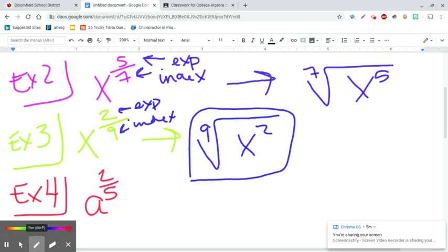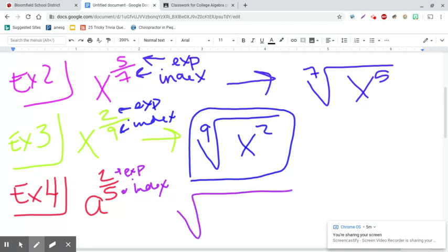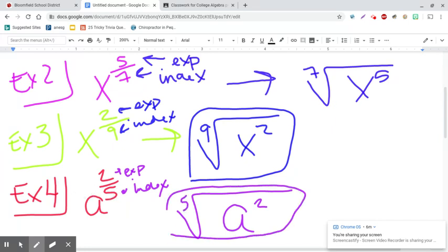So the 2 on top is our exponent, and the 5 on the bottom is our index. So we're going to do the radical of our base, which is a. What's the exponent? What's it raised to? Second power. What's my index? A 5. Done. Guys, if you can do that right there, you already know half of what we're doing.